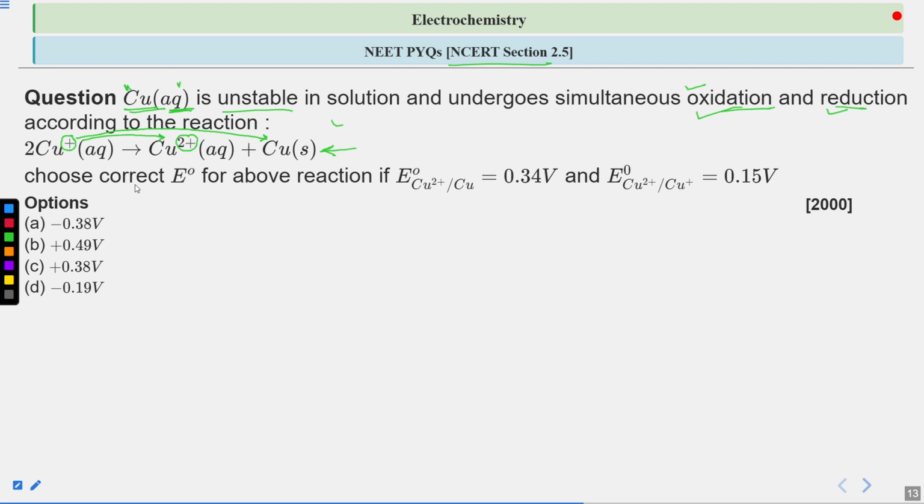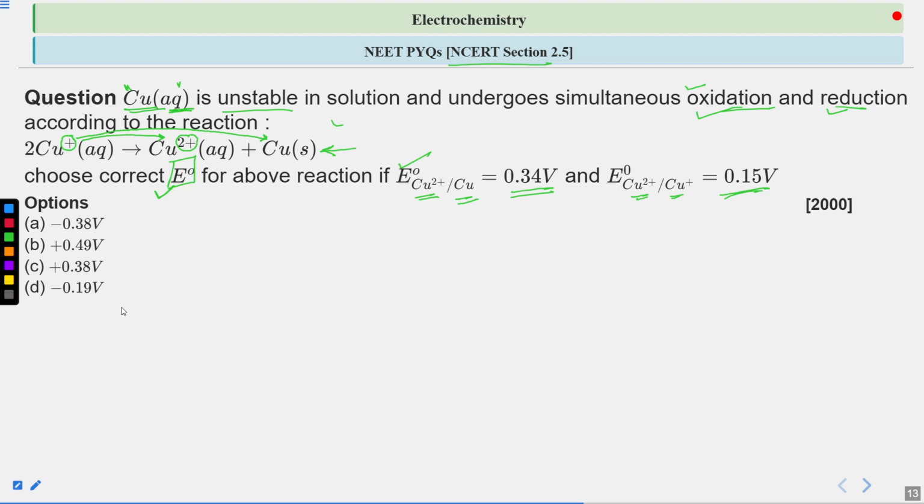Now you have to choose the correct E0 value for the above reaction. The E0 of Cu2+ to Cu is given as 0.34 volt and the Cu2+ to Cu+ is given as 0.15 volt. Using these two quantities, you have to choose the correct E0 value from the given options. This question was in the 2000 NEET examination.